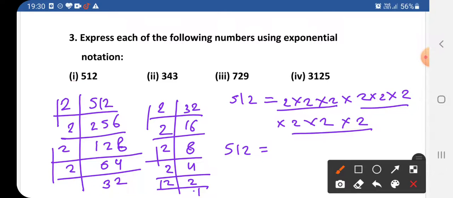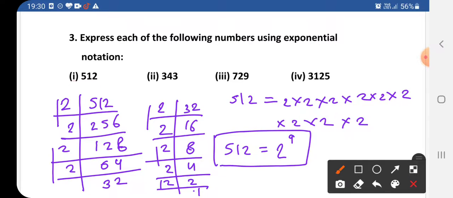Means 2 to the power 9. This is the way we can write any random number in the form of exponents. Similarly, you will do with other numbers. For this, you will just find the prime factors of the numbers.